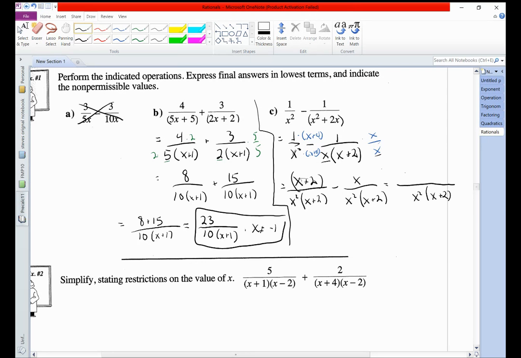And now I have x plus 2 minus x. So now x minus x cancel, and we are left with 2 over x squared times x plus 2. And that's as simple as that goes. Now our non-permissible values: x cannot be 0 or negative 2.